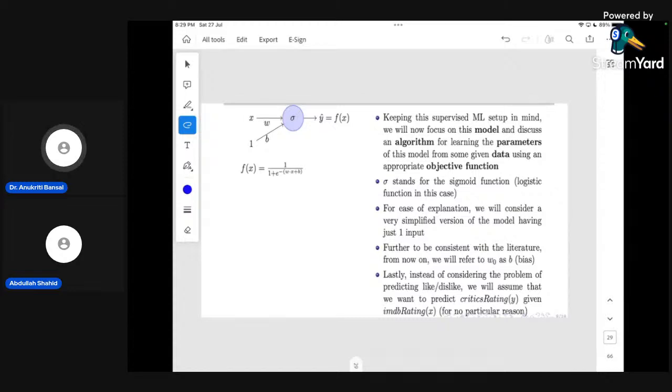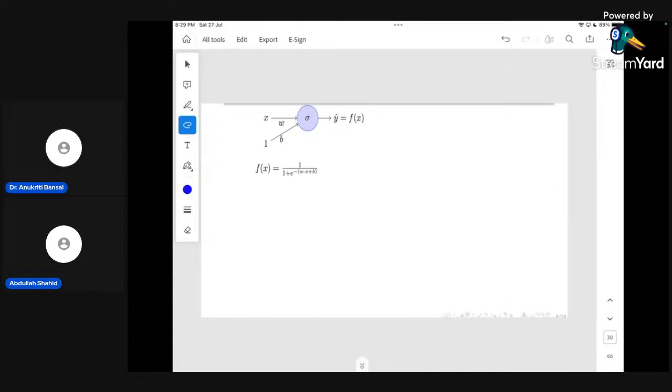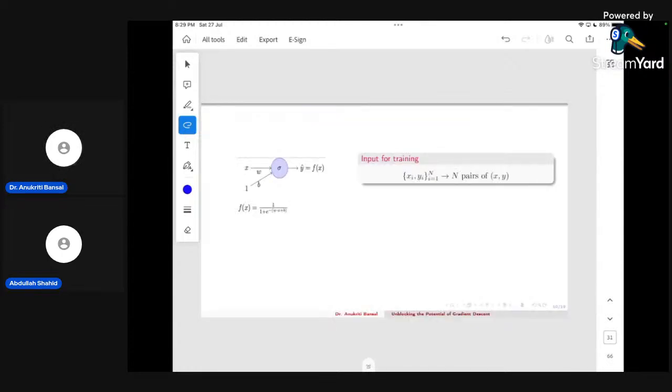And we are predicting the rating here. Like what would be the rating? So y here is a real number. Now, what is the input for training here?